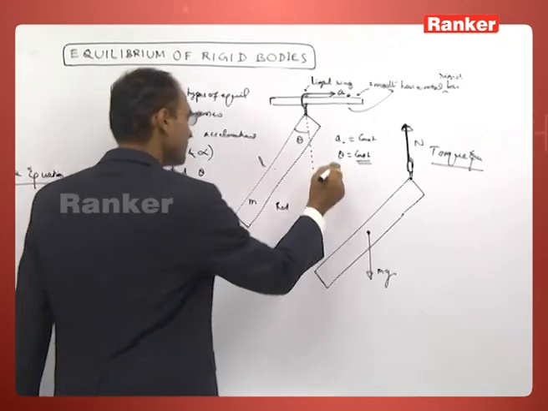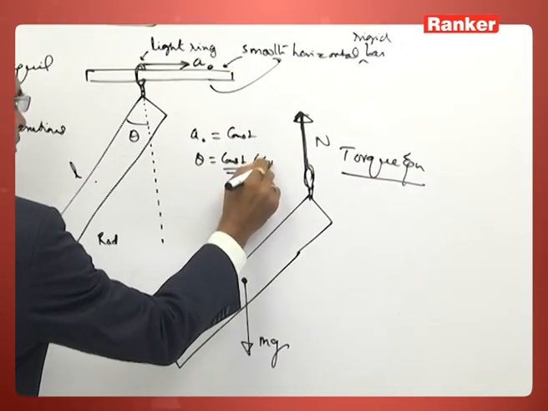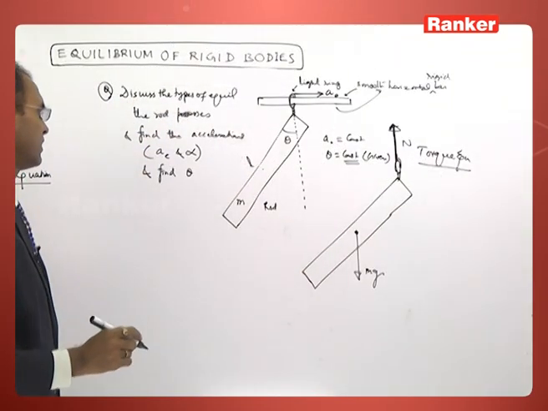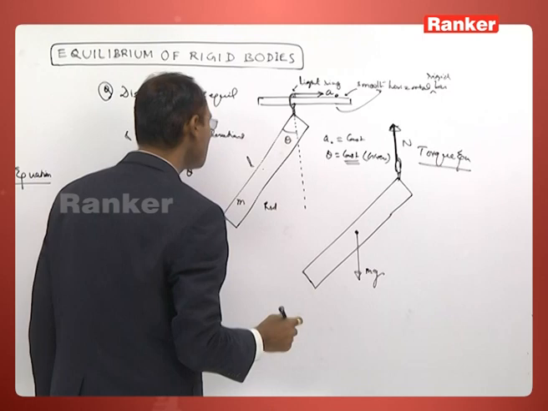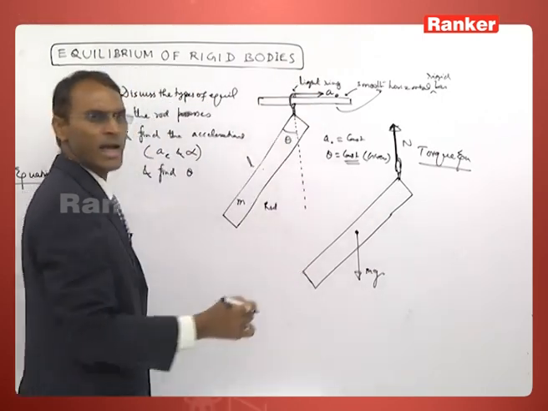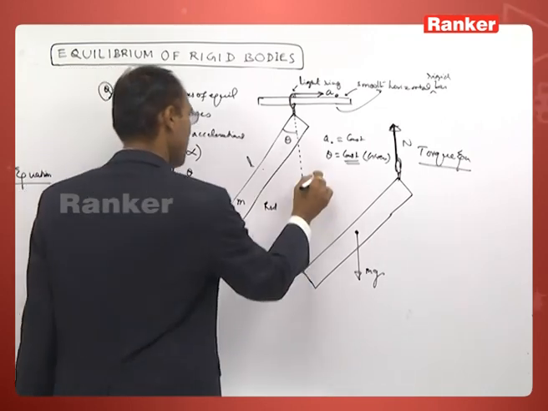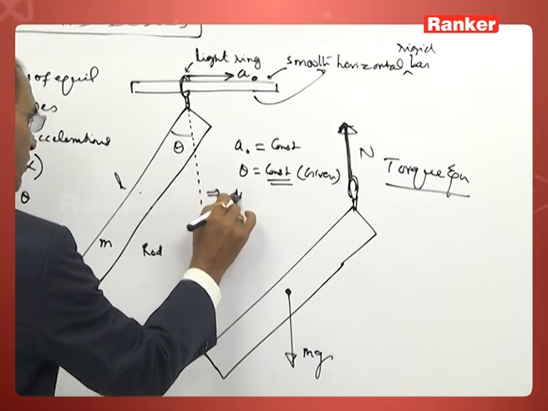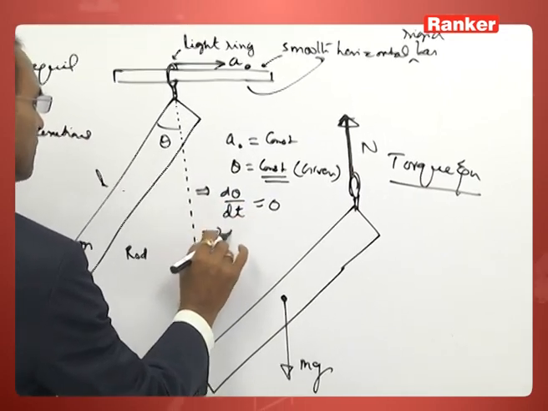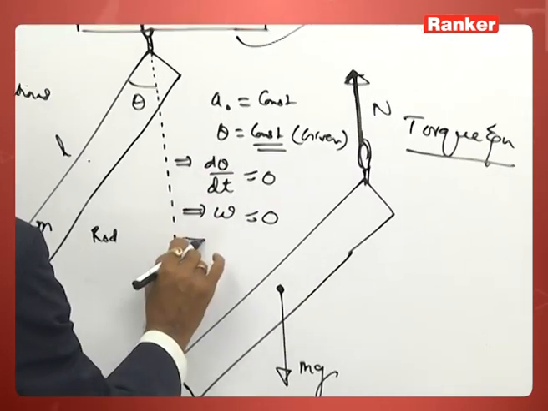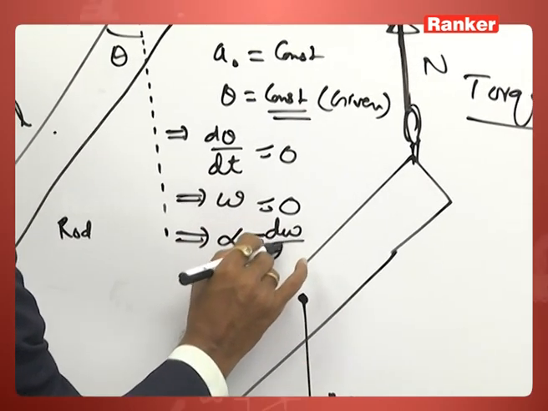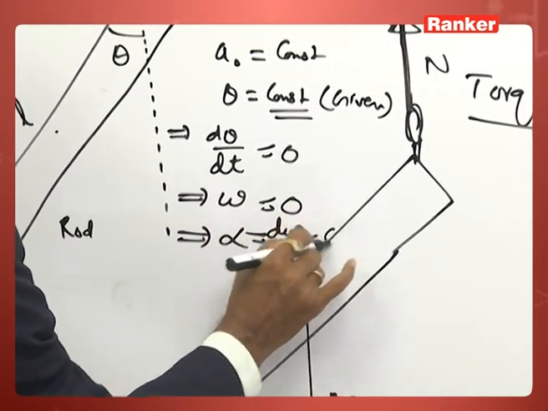It is given that theta is constant. The angle of inclination of the rod with respect to this fixed axis is a constant quantity. Therefore, d theta by dt is equal to 0, and d theta by dt is nothing but angular velocity, equal to 0, and therefore alpha is equal to d omega upon dt will be equal to 0.